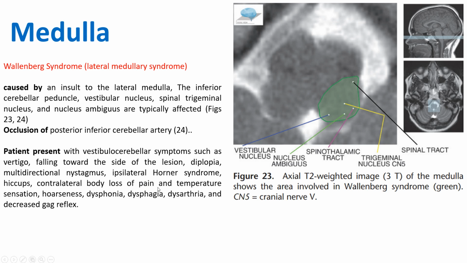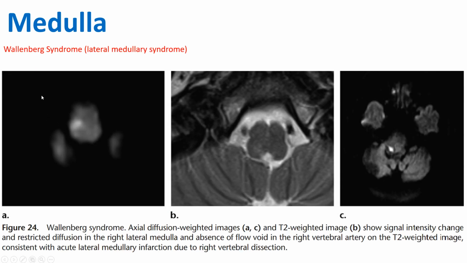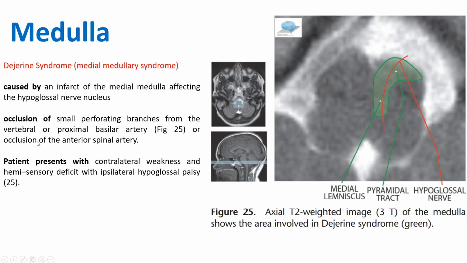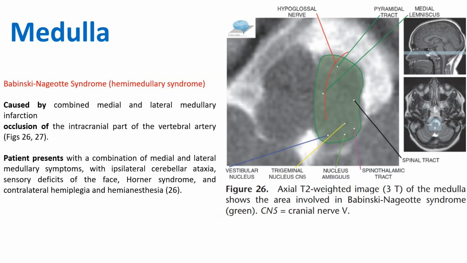There is a sensory loss of pain on the opposite side of the body. While in the medial medullary syndrome, we have clear hemiplegia on the opposite side and hypoglossal nerve palsy on the same side. This is called crossed hemiplegia or crossed hemiparesis.